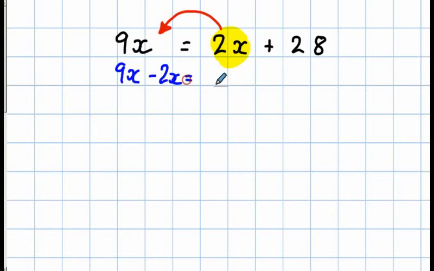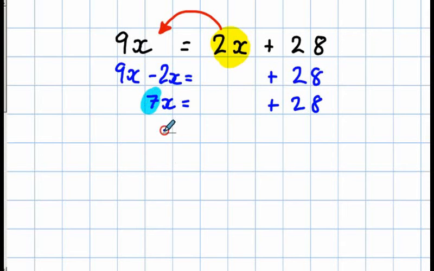You always take away when you move it to the other side, with one exception, which I'll look at next. Now, in this instance, we've got to work out what 9x take away 2x is, which is 7x. So 7x equals plus 28, and then like we did before, we take the number that's in front of x, and we put it underneath. And then 28 over 7 is 4.